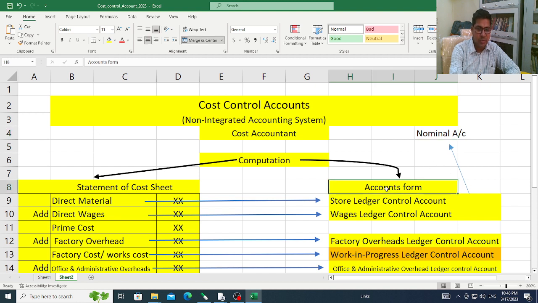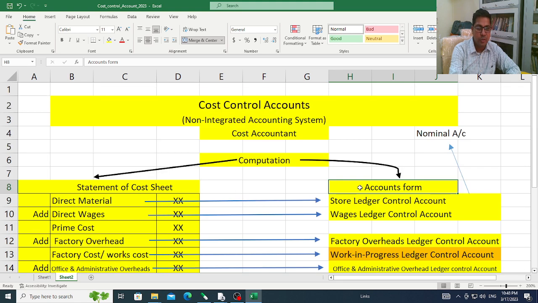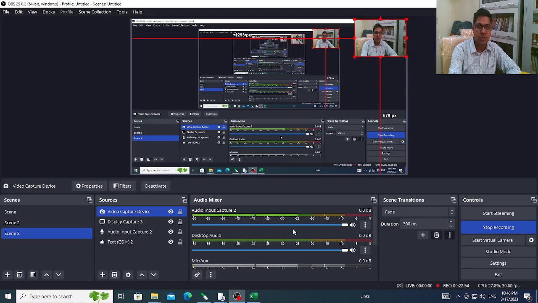Whenever we talk about the account forms in the general ledgers and how they are converted, we will study that. See what kinds of ledgers are covered in the cost sheet and converted into cost control accounts. So friends, I hope you understood this.